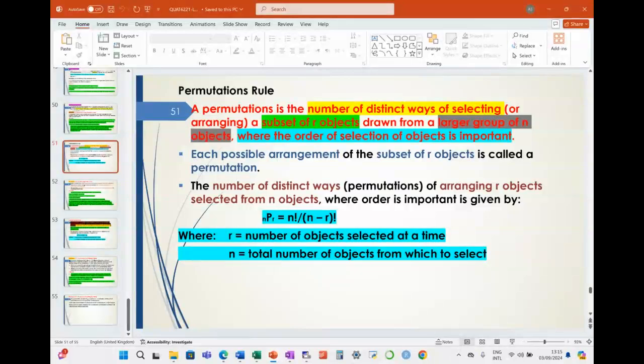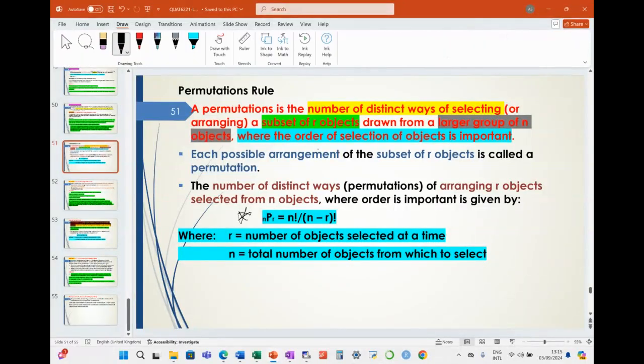Okay, so we have to apply this formula to get that probability. And n in this formula represents what? The total number of objects from which to select.